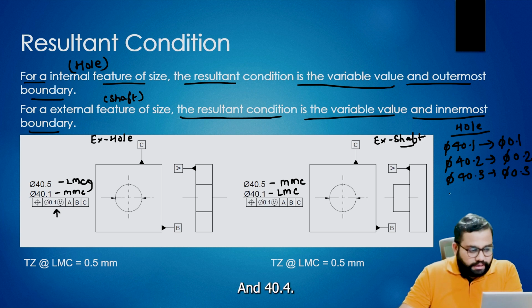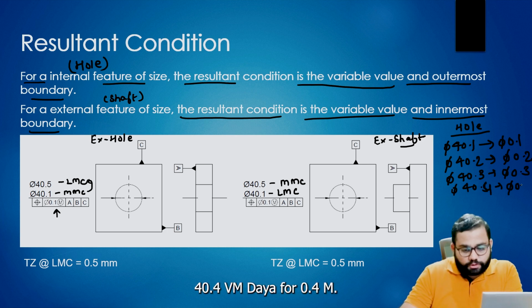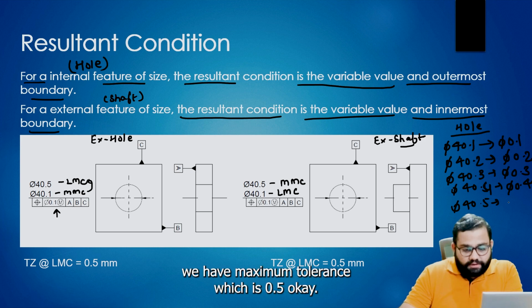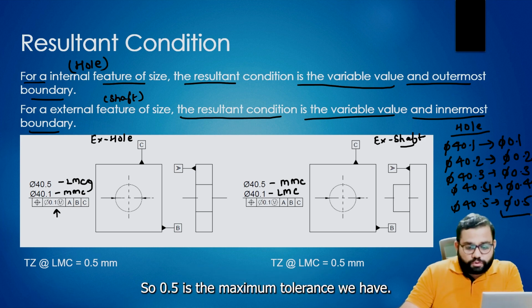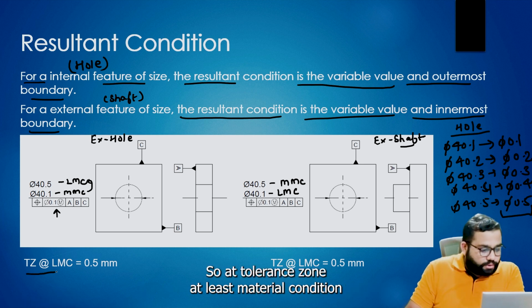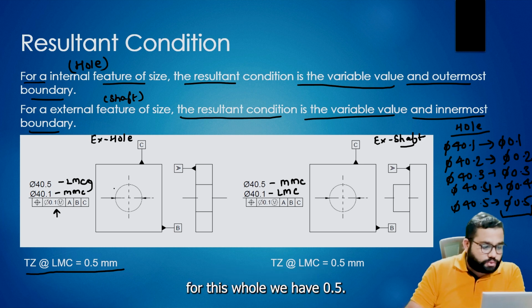At 40.4, we have dia 0.4 mm, and at least material condition, which is 40.5, we have the maximum tolerance, which is 0.5 mm. So the tolerance zone at least material condition for this hole is 0.5 mm.